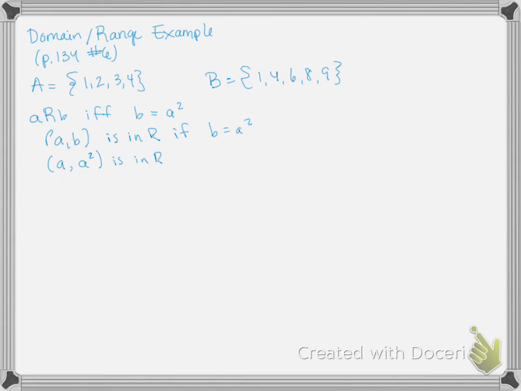So then let's think about all the possibilities. The input, that first value, has to come from capital A, so it could be 1, 2, 3, or 4. If it's 1, 1 squared is 1.